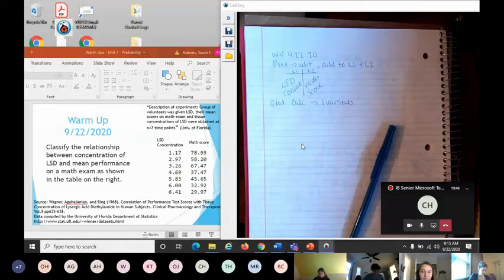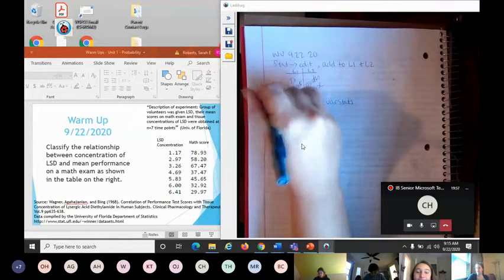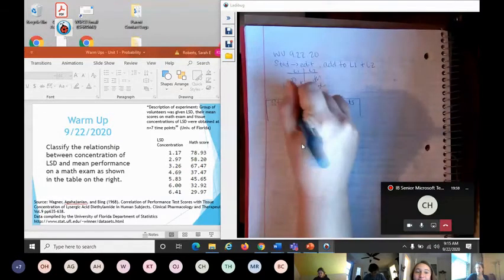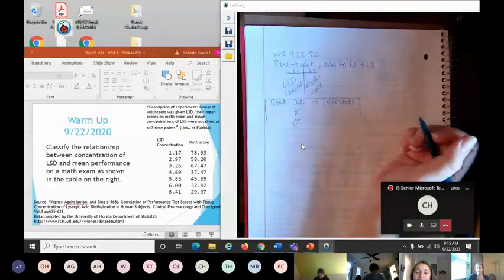My calculator for some reason wants to use the other. Okay, there we go. So when we do this, we get mean and we get standard deviation. Is that going to help us classify the relationship?